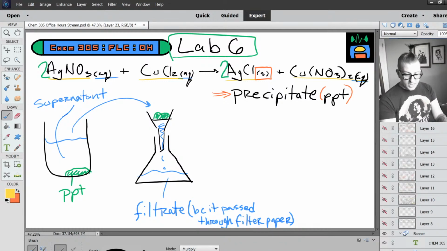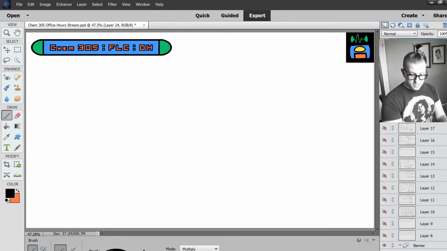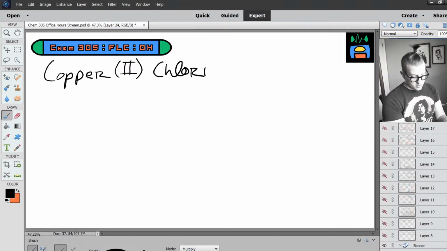The reason why you have to deal with those 2H2Os is that copper 2 chloride is a hydrate.